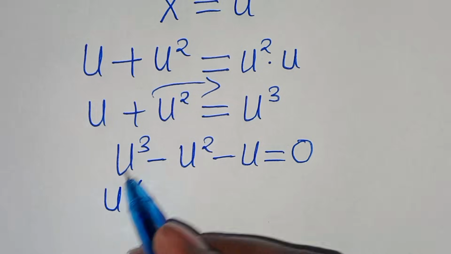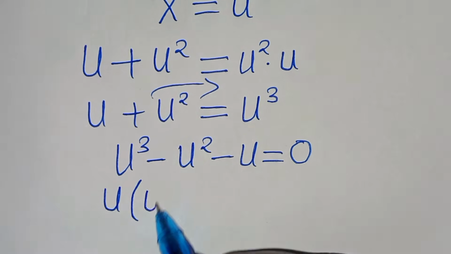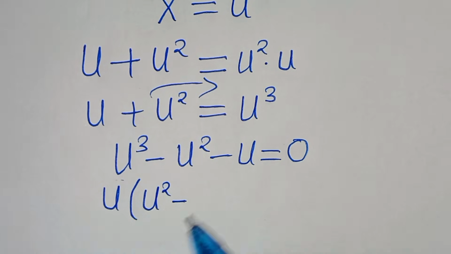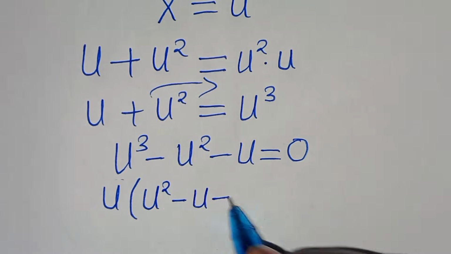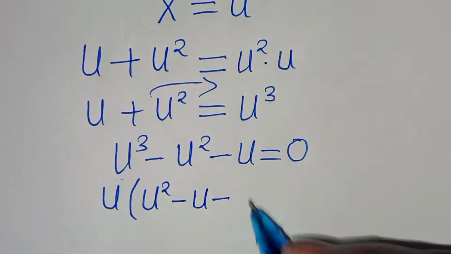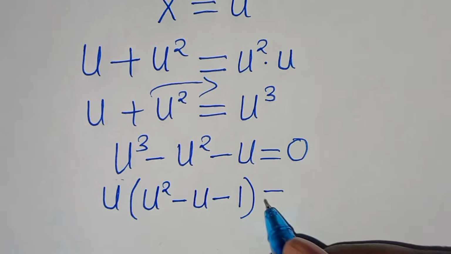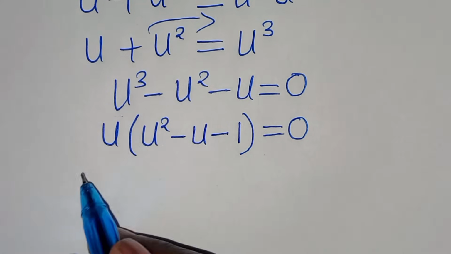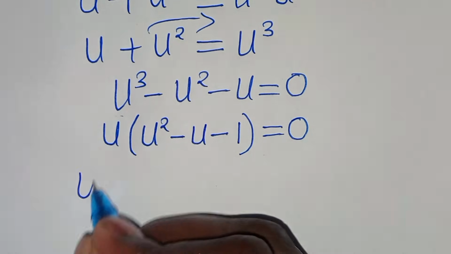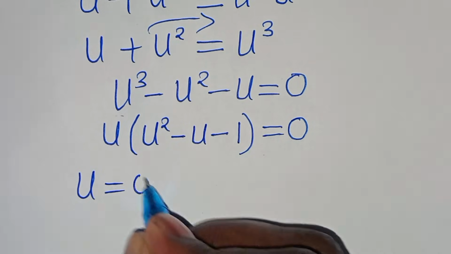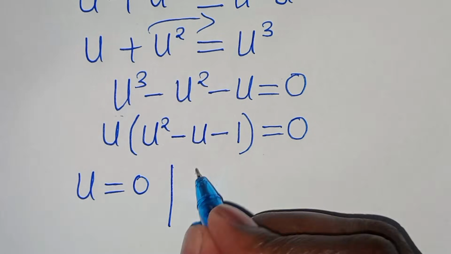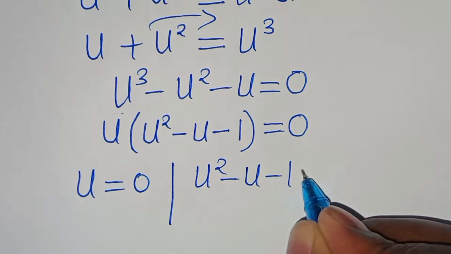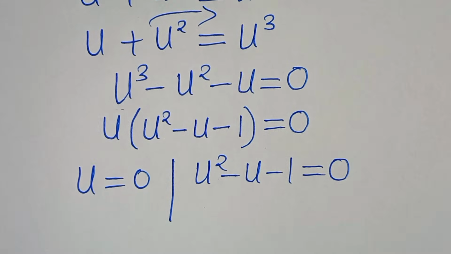We have u to the power of 3 divided by u, this is u to the power of 2, minus u to the power of 2 divided by u, this is u, then minus u divided by u, this is 1, equal to 0. So we have got two parts here. We have u is equal to 0, and then we have u to the power of 2 minus u minus 1 equal to 0.